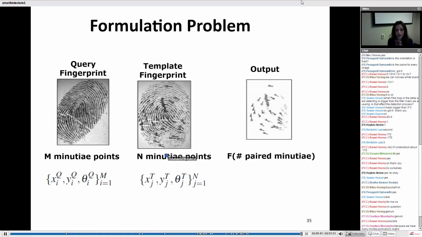What I ask you now is to think from now to next week about this slide, which is how I will start the lecture. I will ask why the number of minutia points is different between M and N, between template and query, if this is possible, if there is no error here, and why.